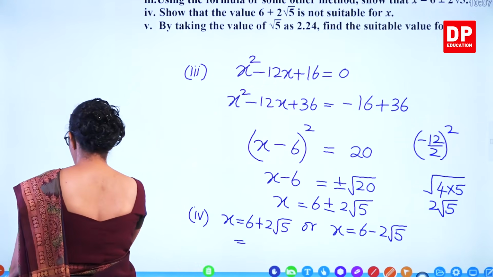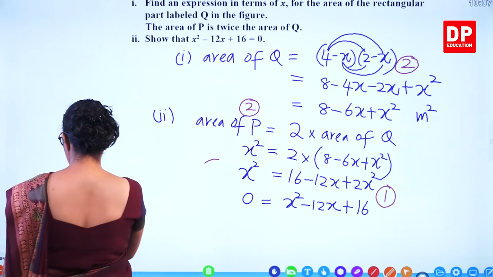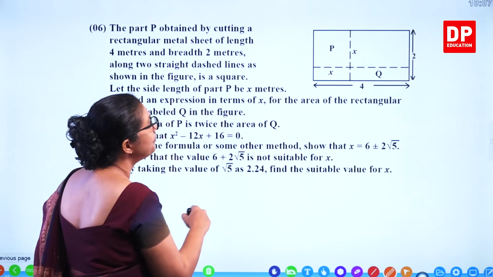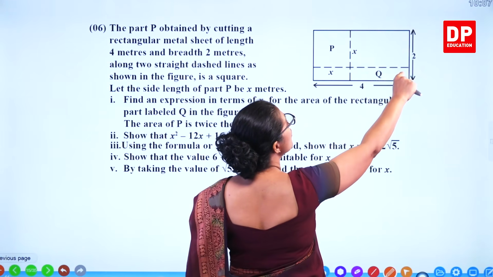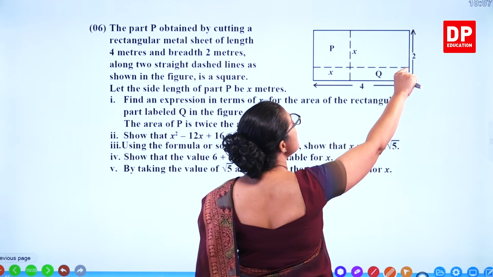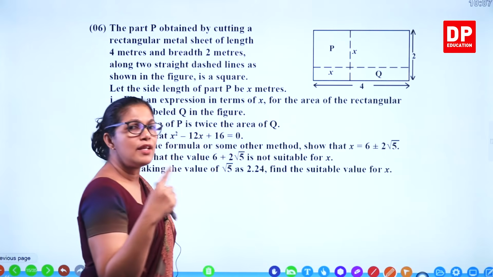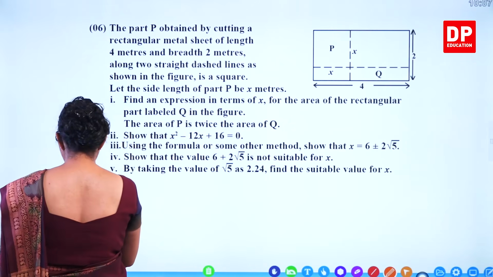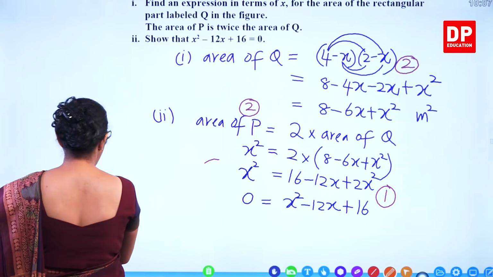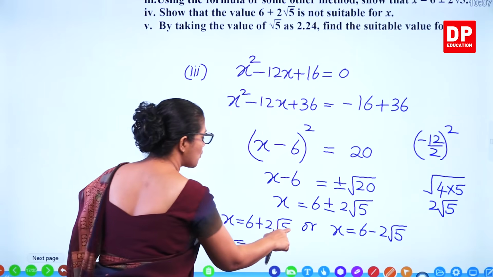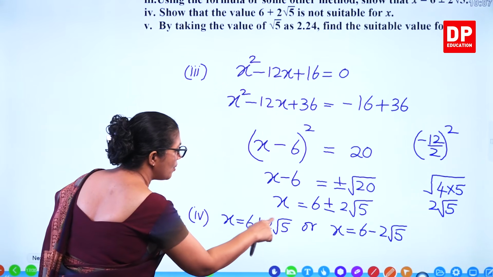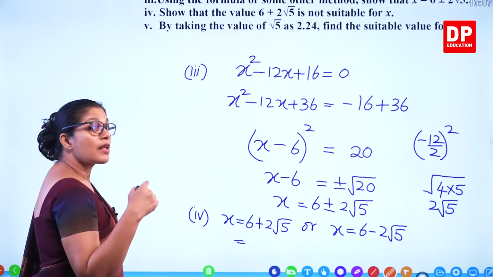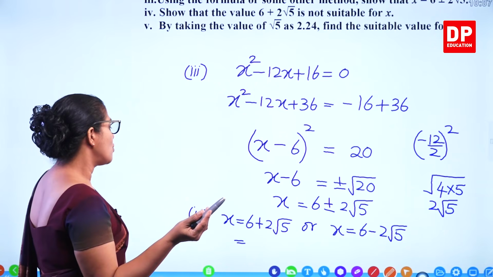Now, when you take this part, look at the diagram. The breadth is 2. So, the value you are getting here should be smaller than 2. Now, what happens if it's 6 plus 2 root 5? This value becomes greater than 2.